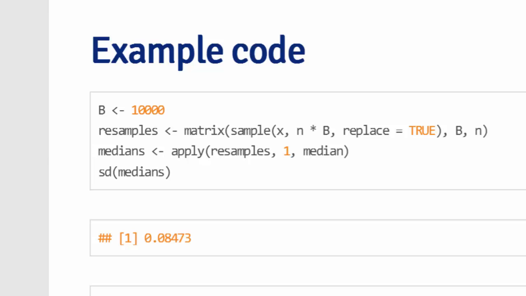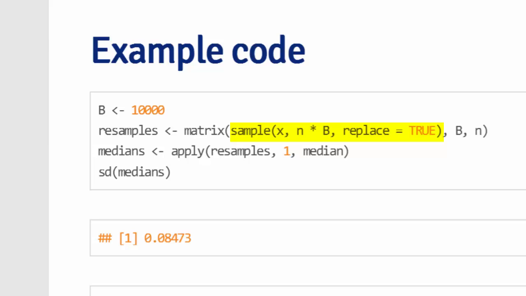So if I want to draw b complete data sets with replacement from x, then I need n times b draws. The R command sample does this, where x is the vector that I'm sampling from, n times b is the number of times that I want to draw from it, and replace equals TRUE.